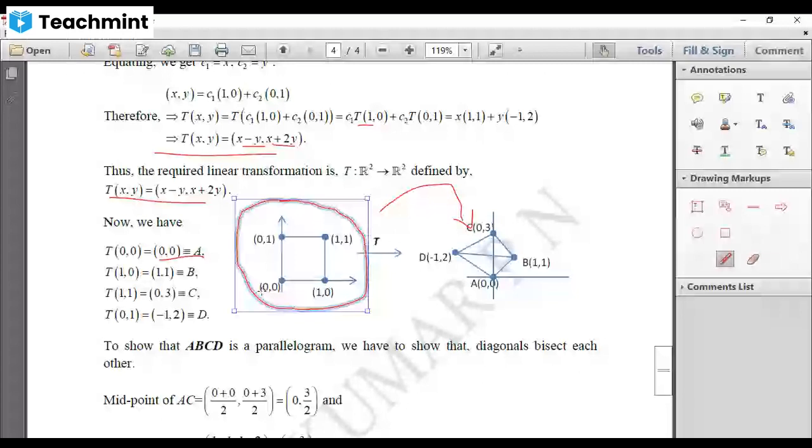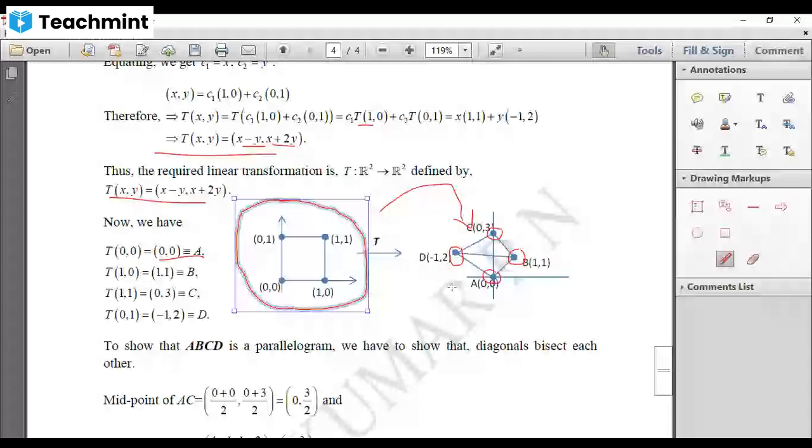Now you join these points by lines, so you get a square. Corresponding to that, you draw a graph. (0, 0) is this point, (1, 1) is this, with x-axis length 1 and y-axis length 1. Then x-axis length is 0 and y-axis length is 3. The x-axis length is minus 1 and the y-axis length is 2. There is a line from (0, 0) to (1, 0), so its image should be joined from (0, 0) to (1, 1).